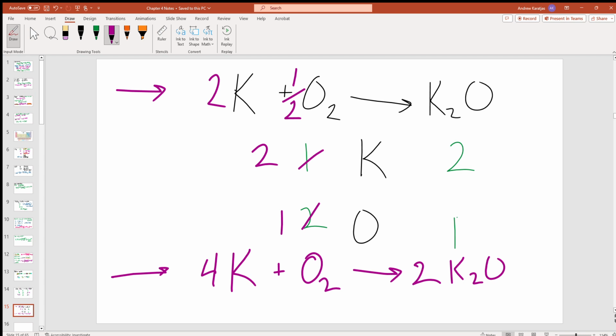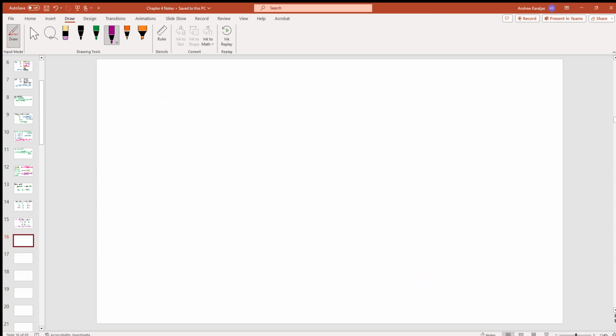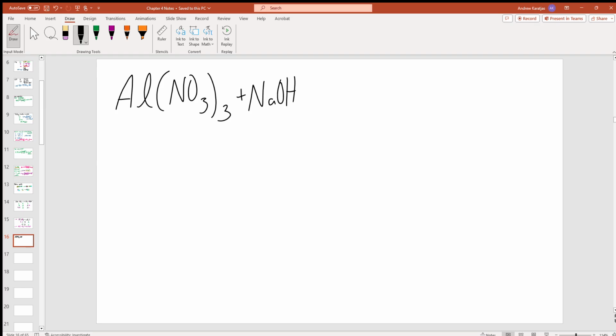All right, what about something maybe a little bit more complicated? So we're going to start with aluminum nitrate and sodium hydroxide, and these will react to form aluminum hydroxide and sodium nitrate.